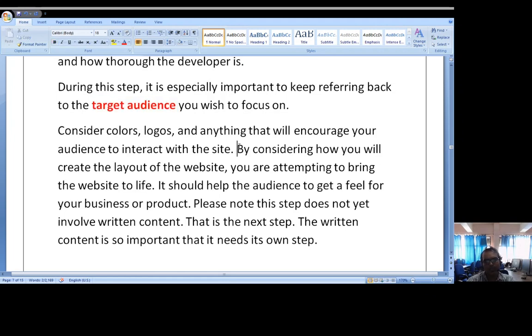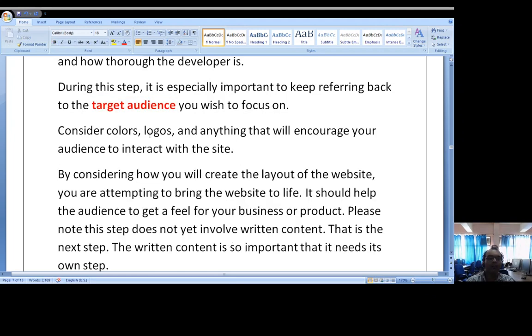In this phase only, with our team and discussions, we come across which colors we need, which type of logos are taken into account, and anything that will encourage your audience to interact with the site.